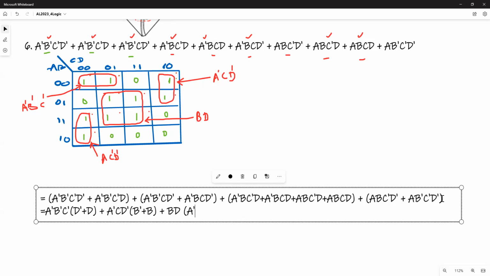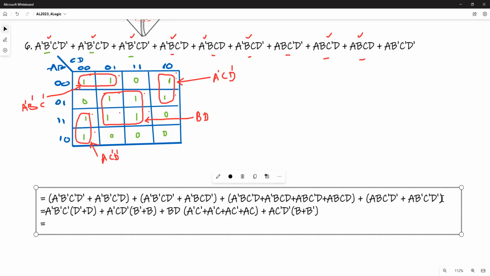So we can have A dash C dash, A dash C, then A C dash and AC plus last two terms, I can take A C dash D dash, then B plus B dash. So D dash plus D is 1. So we can say A, B, C plus.